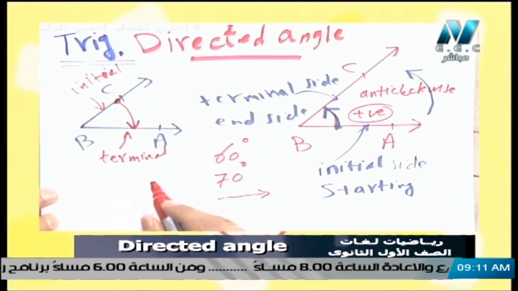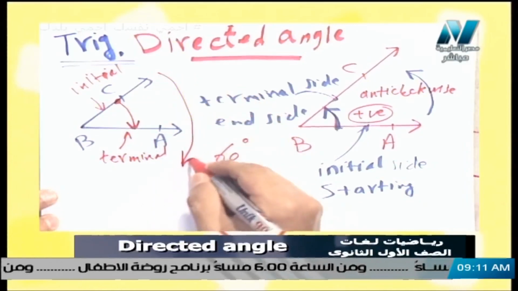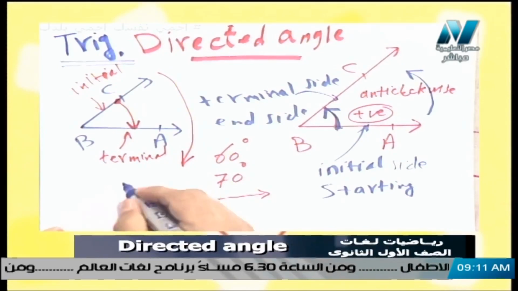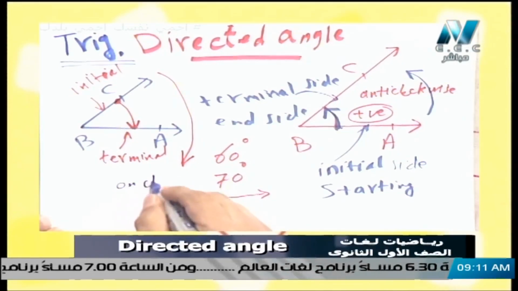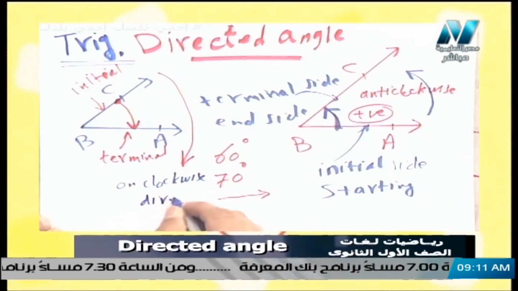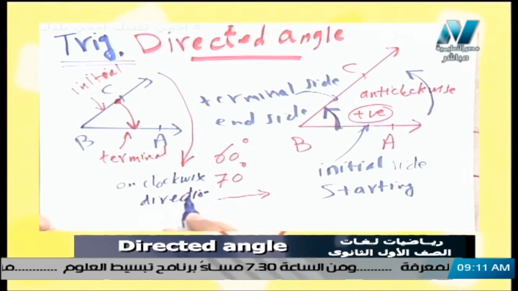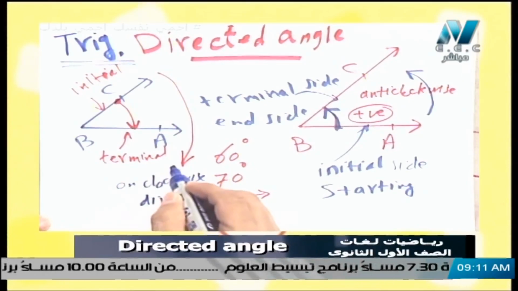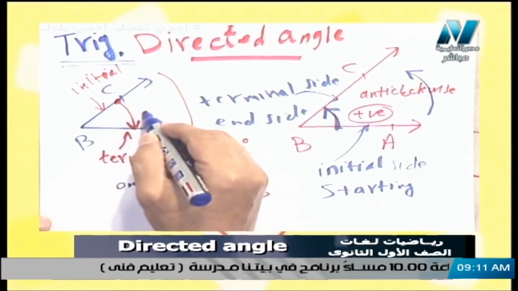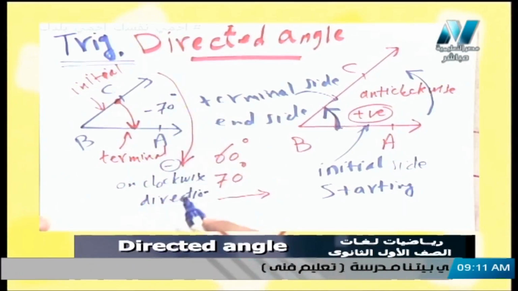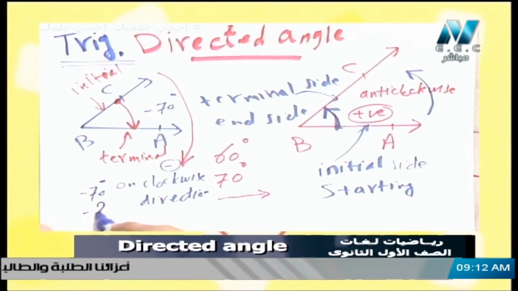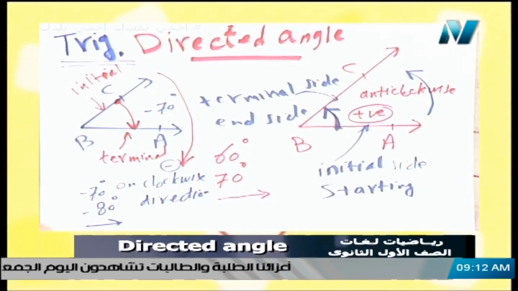This is the direction, and the whole direction will be in the clockwise direction. So the angle will be negative. If this angle is 70, it will be negative 70 degrees. Okay, we can say negative 70 degrees, negative 80 degrees, and so on.